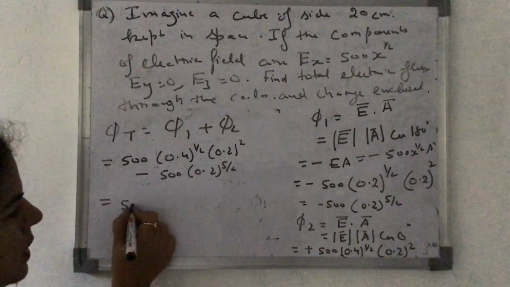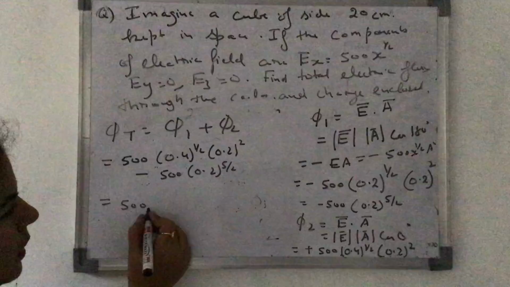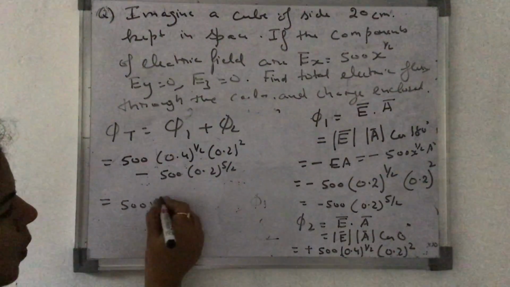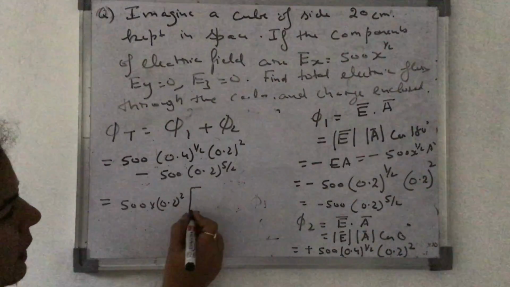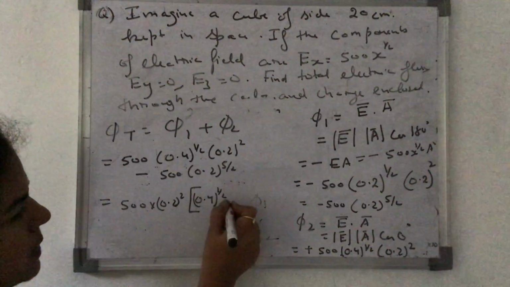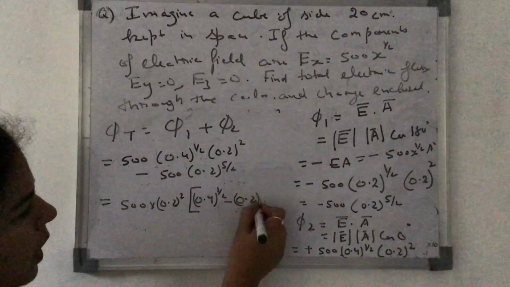Let us solve this. 500 into 0.2 whole square, and this becomes 0.4 to the power minus half and this becomes minus 0.2 to the power minus half.